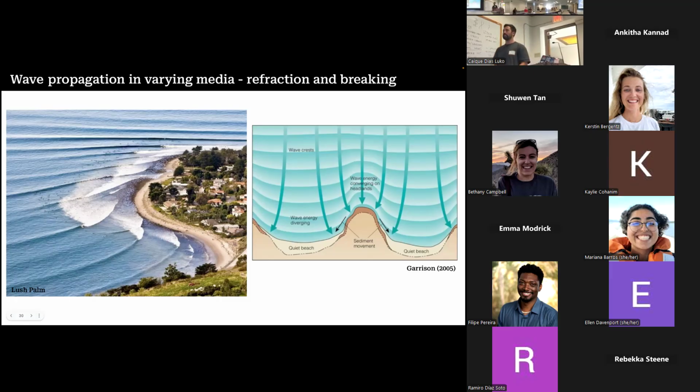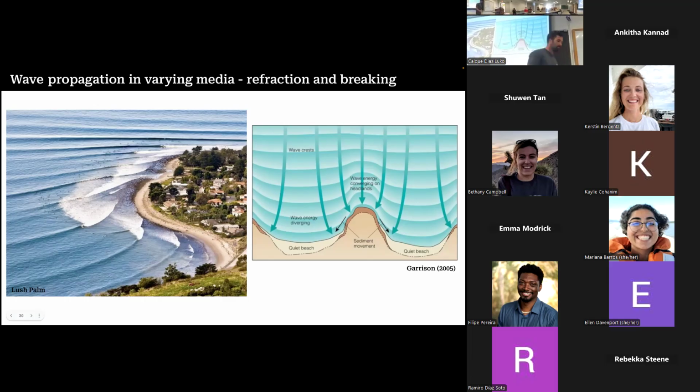But as they approach the coast, they're going to find different topography, and that topography is going to refract the waves, which makes some of the waves concentrate on headlands, where the energy is going to be concentrated. You're going to have more breaking here, whereas at the beaches away from headlands, the wave energy diverges.